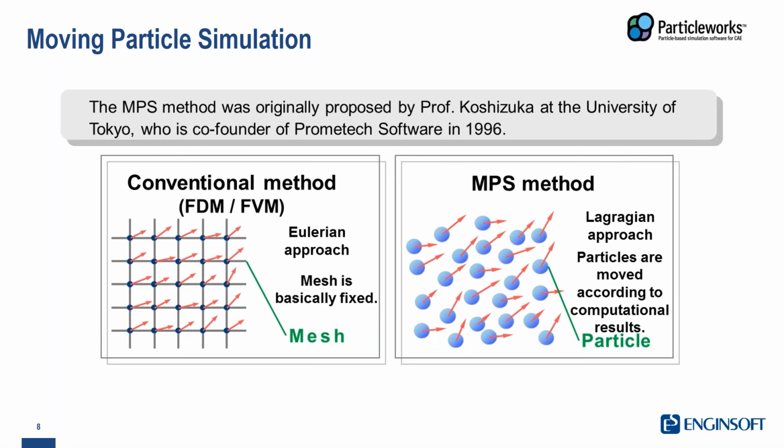If you're probably used to finite volume CFD, here is one slide to give you an idea of how MPS, moving particle simulation, compares to the finite volume method. The finite volume method is a mesh-based approach, an Eulerian approach to solve Navier-Stokes. You basically have a static or fixed mesh.